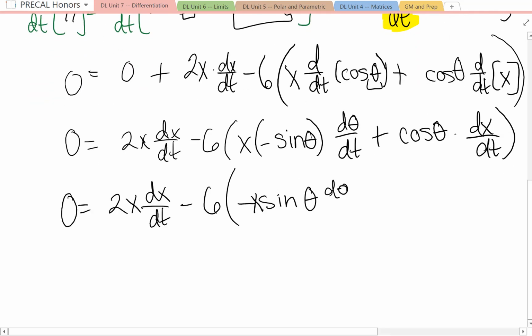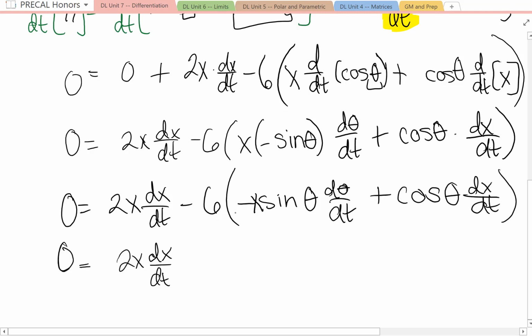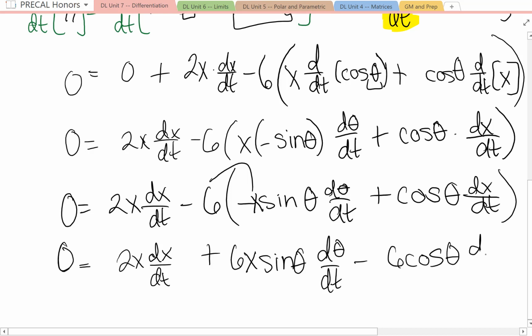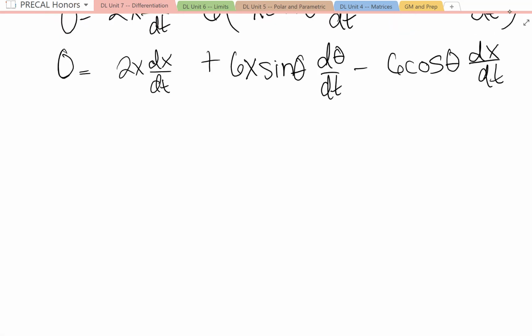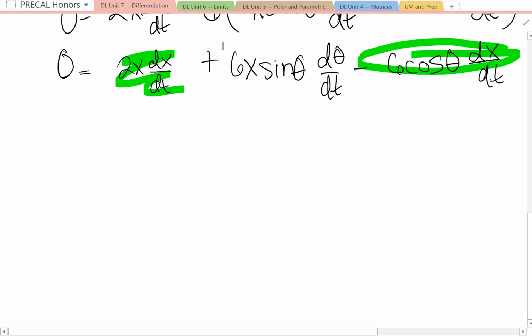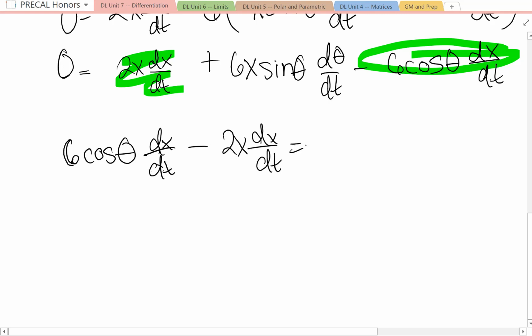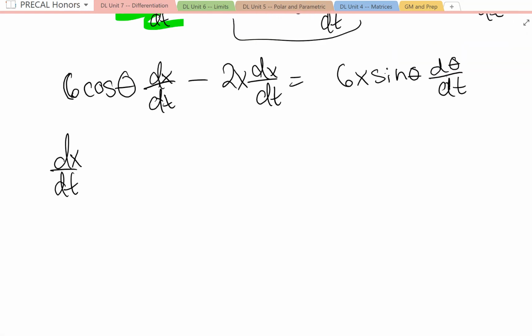Simplify inside here, so negative x sine theta d theta/dt, and then we'll distribute the negative 6, so that would be positive 6x sine theta d theta/dt minus 6 cosine theta dx/dt. I'm going to move the dx/dt terms to the left side, so that would be a positive 6 cosine theta dx/dt minus 2x dx/dt equals this.